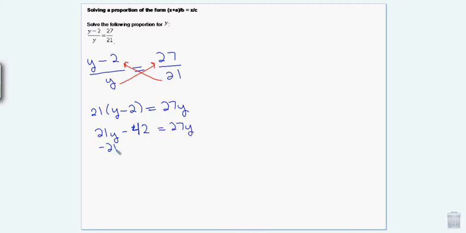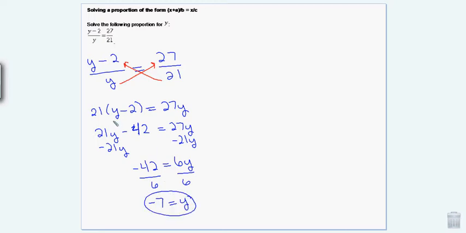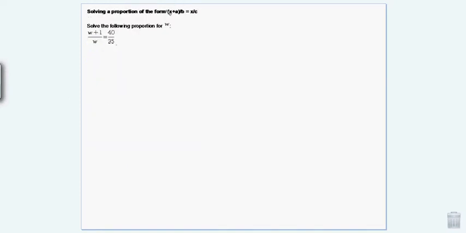If I subtract 21y from both sides, I get negative 42 is equal to 6y. You divide by 6, and you get negative 7 is equal to y. Now I need to make sure that that won't create a 0 in the denominator, which it won't, so my solution is valid.